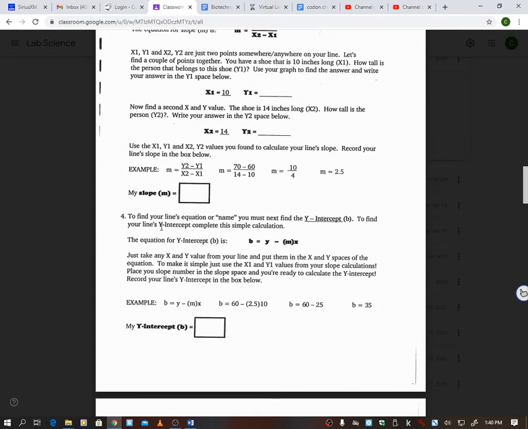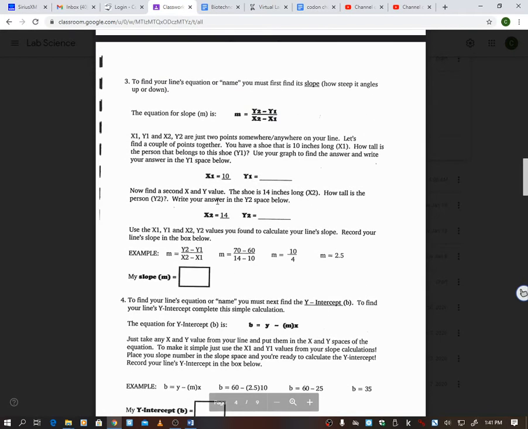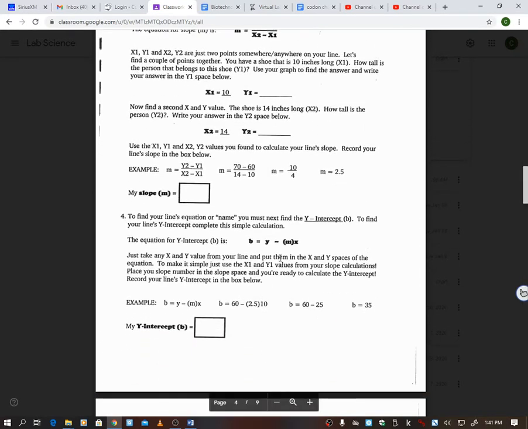All right, number 4, to find your line's equation or name, you must next find the y-intercept. To find your line's y-intercept, you are going to use this equation right here. So for example, b equals y minus mx, so b equals, you're going to take any x and y value from your line and put them in the x and y spaces of the equation. To make it simple, just use the x1 and y1 values.